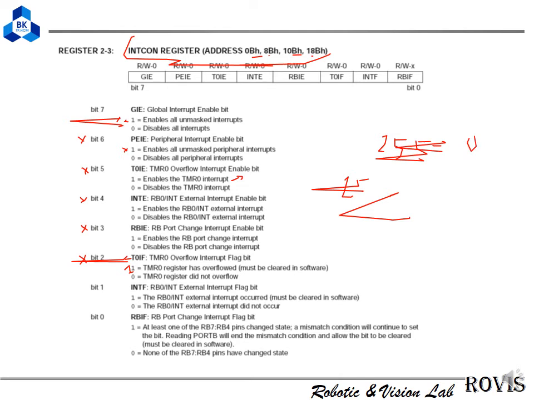If this one is 1, we have to check this bit for the interrupt. Bit 1 we don't care about; this is for another interrupt, we call it external interrupt. And bit 0 we don't care about because we use the timer mode, okay.